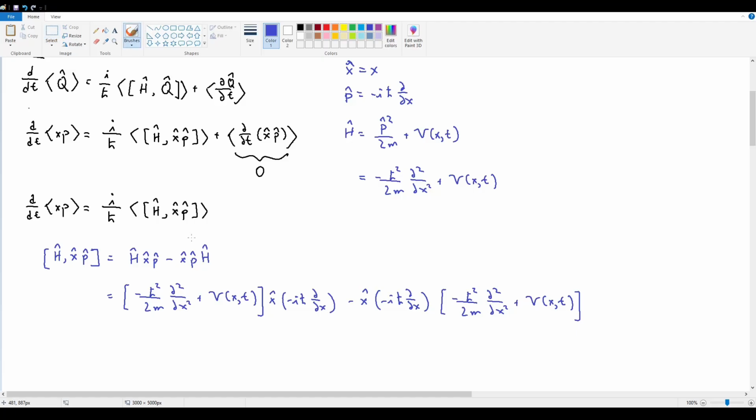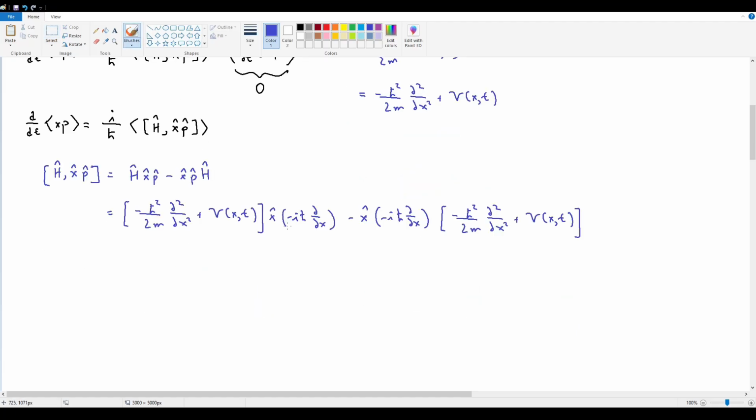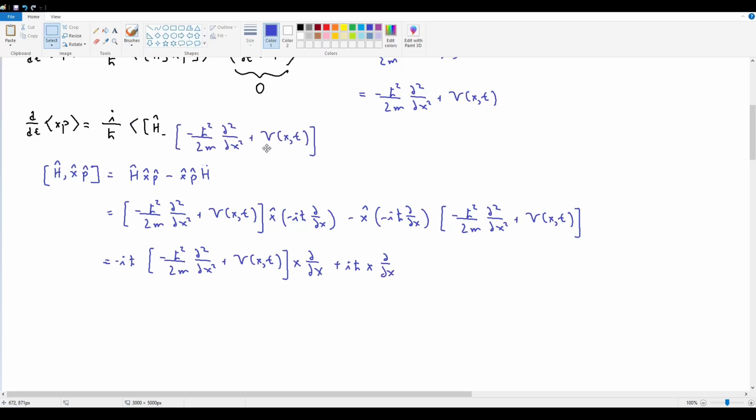Okay, let's simplify a little bit, right? Negative i h bar can go to the front, so now you have negative i h bar, then this same expression here, multiplied by x, because x hat just becomes x, d by dx, subtracted. The two negatives make a positive. Once again, i h bar moves out, so plus i h bar x d by dx of this same expression.